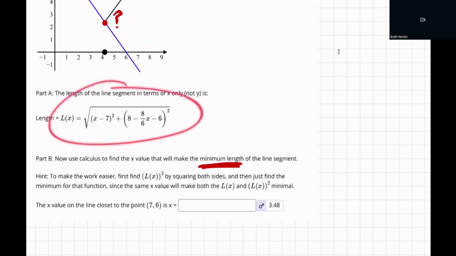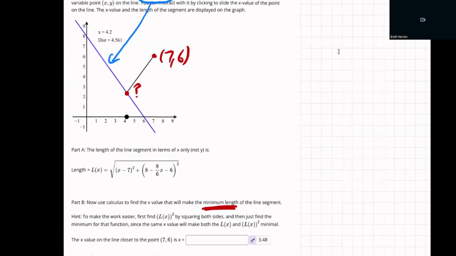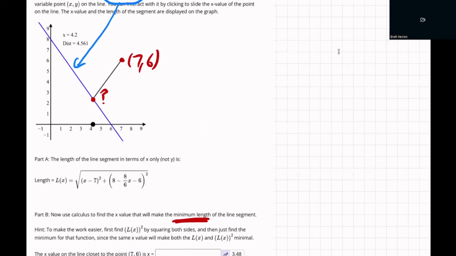So first off, here's the setup. We did this in another question. We found the equation using the distance formula, which shows the length of the line segment. This is L of x, the length of this line segment right there, between the point and the straight line.